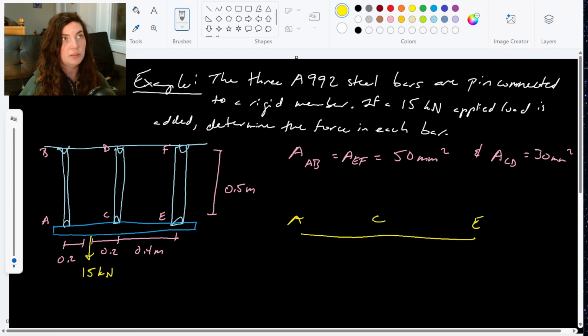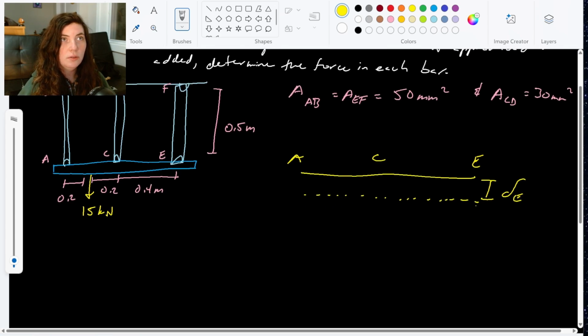There is a displacement in EF, and then it's also rotating. So first there's this displacement because of E. But there is also this kind of triangular displacement from C and D due to this 15 kilonewton force.